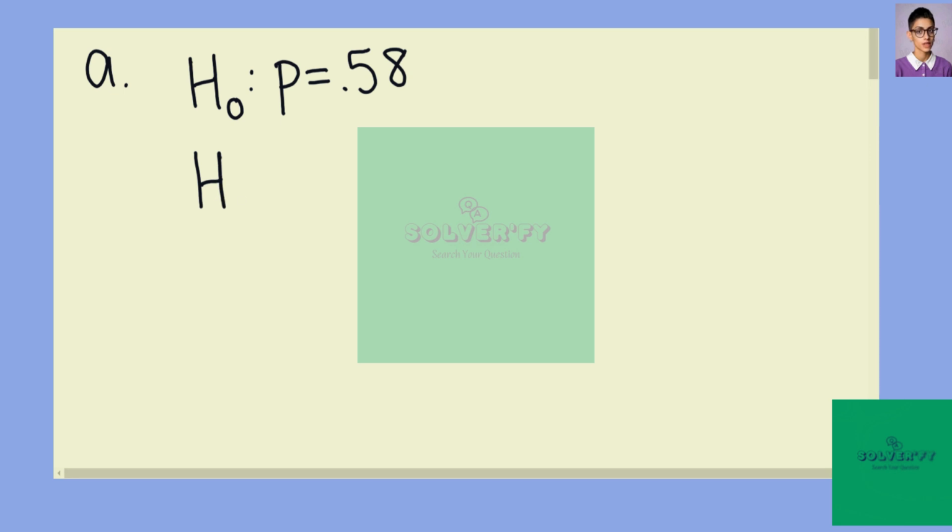Now our alternative, what we're trying to test, our hypothesis, is that the actual percentage, the true proportion, is higher, it's greater than 0.58.